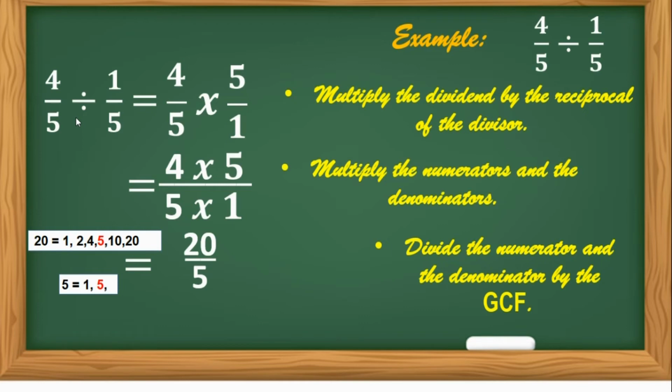Therefore, their GCF is 5. Now we will have to divide 20 over 5 by 5 over 5. Right, so 20 divided by 5 equals 4. And 5 divided by 5 equals 1. Now, 4 over 1 becomes 4.